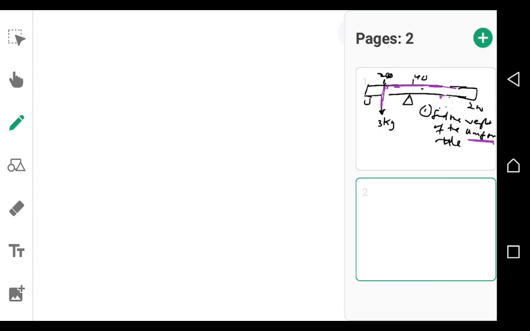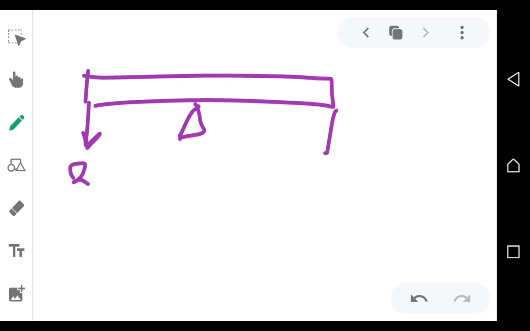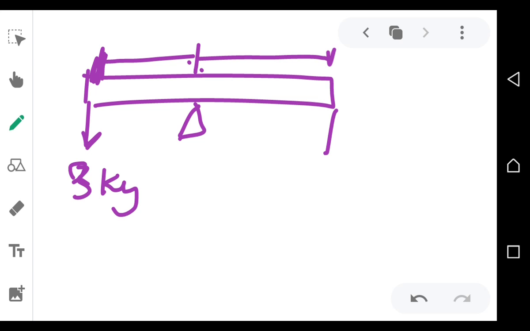What do we have there? We have the weight acting at halfway. Here it's 20, here it's 30, and then the distance from here to here, I do not know.